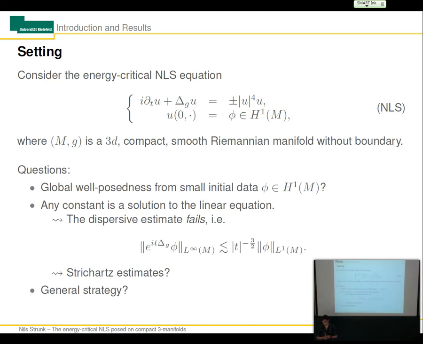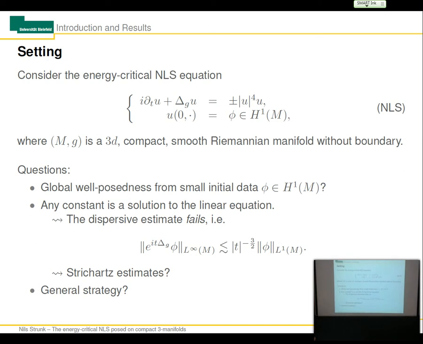Then there are several questions. The first one that I want to ask is, is there a global well-posedness for small initial data phi in H1? The second one is, since we are on a compact domain, every constant function is a solution to the linear equation. Hence, the well-known dispersive estimate in the R3 case is not true anymore.